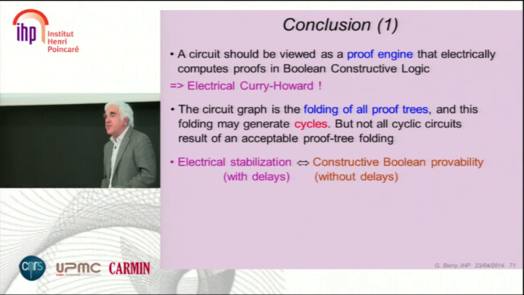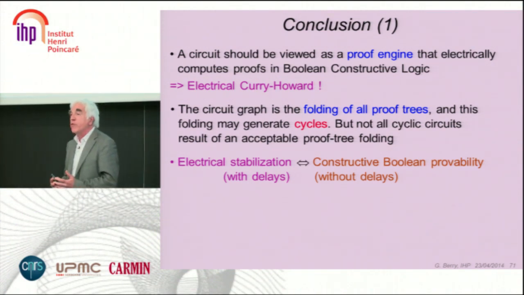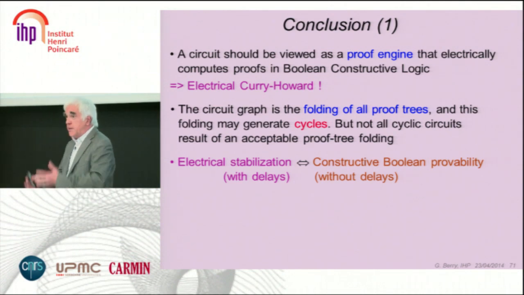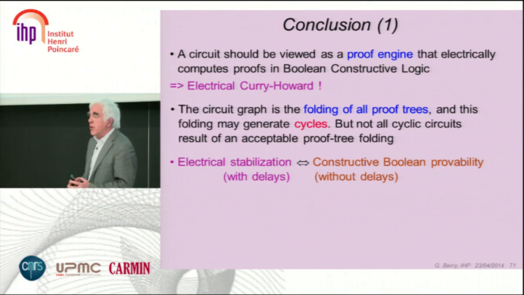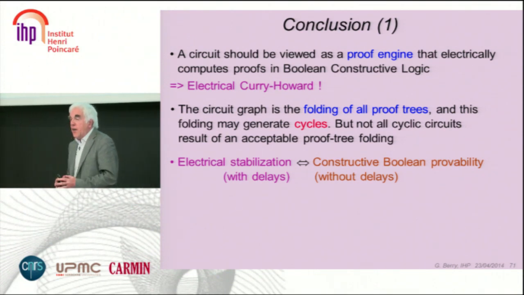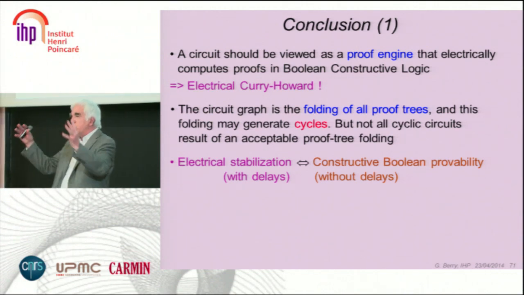So a circuit is simply a folding of proof trees. A good circuit is simply a folding of proof trees. I think this is very important, because when we do the semantics of SRL, we do the logic of SRL, we have proof trees.